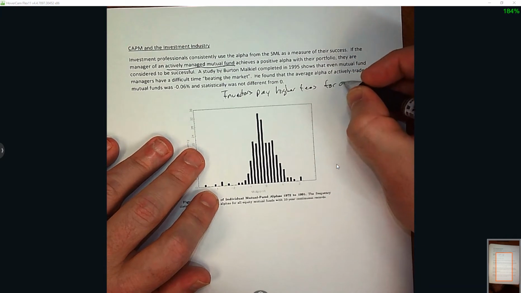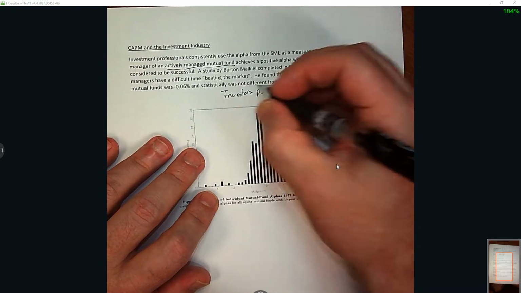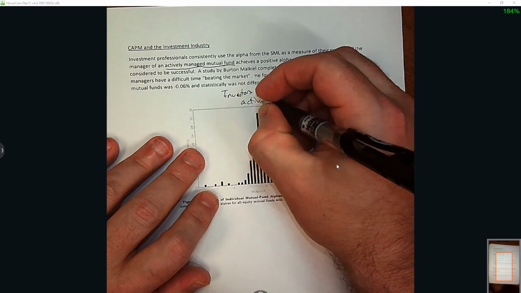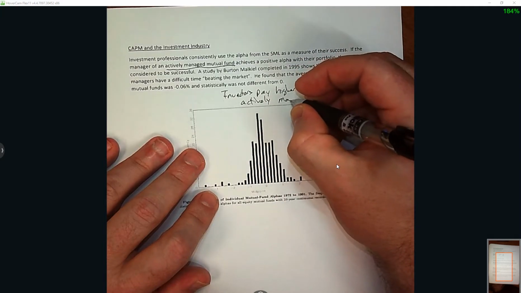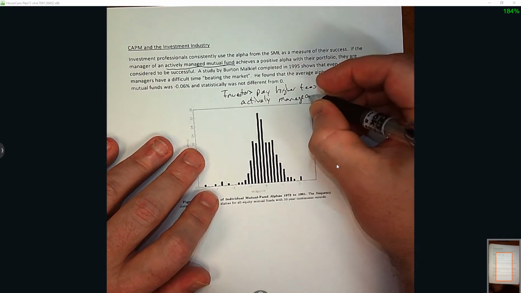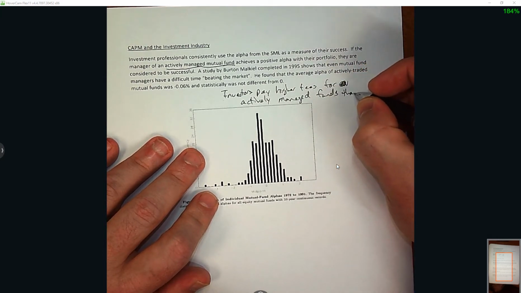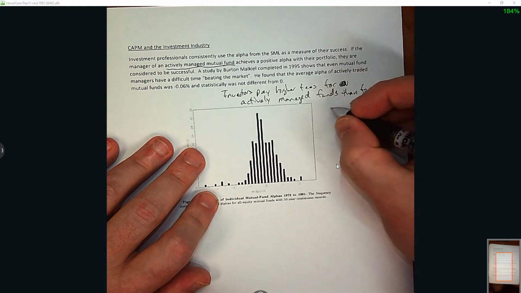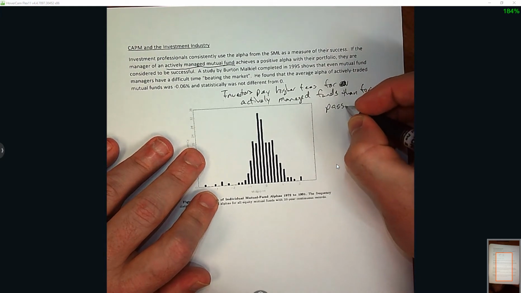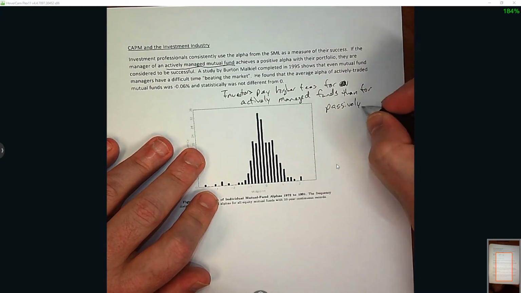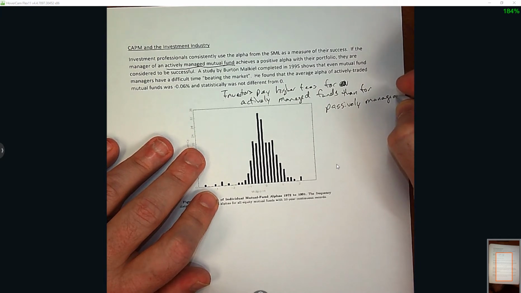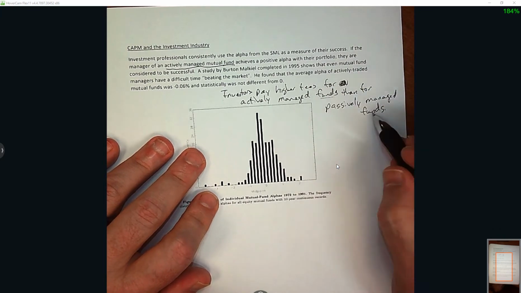For actively managed funds, than for passively managed. And so when I use the term funds in this case, I'm not talking like dollars.